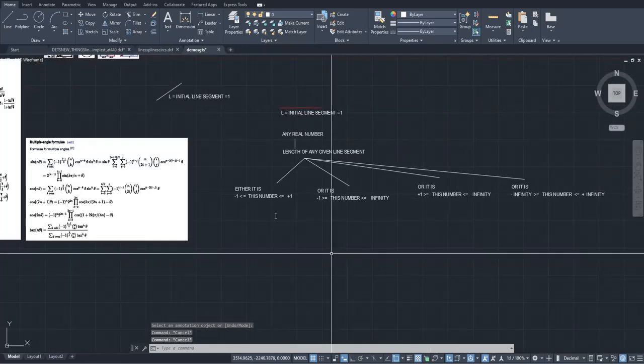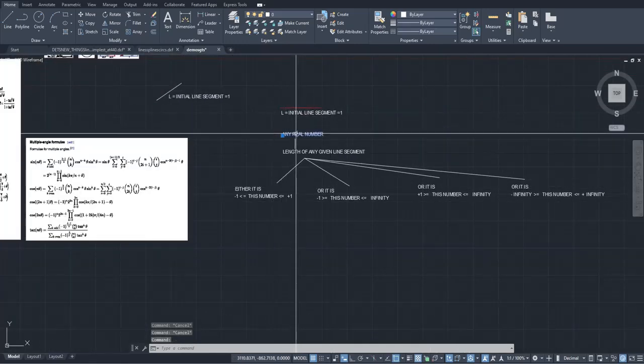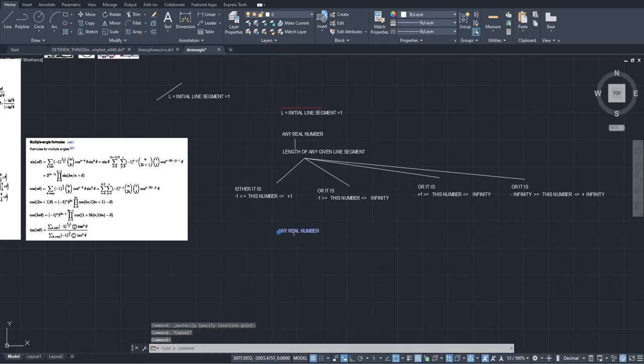We know that tan theta can represent any number which is greater than minus infinity and less than plus infinity.